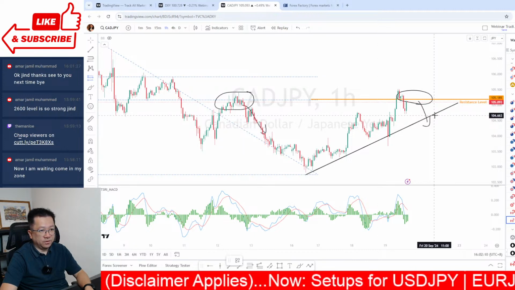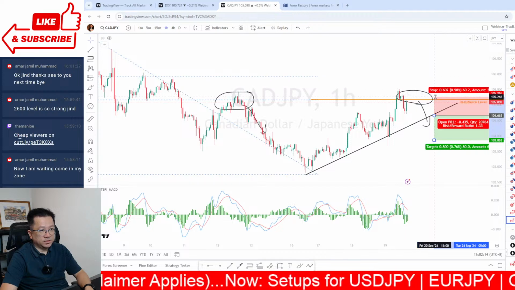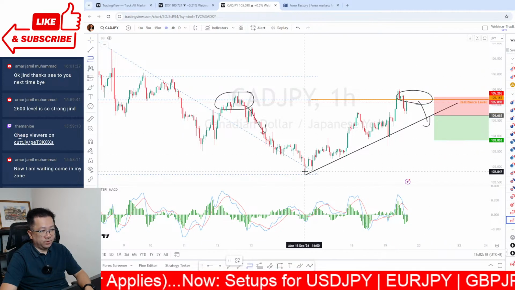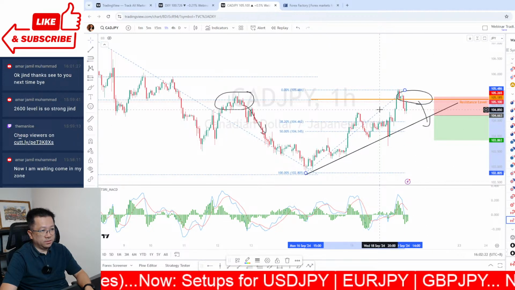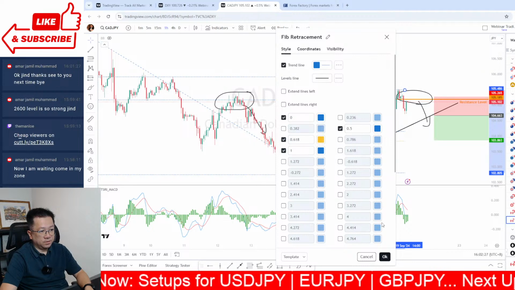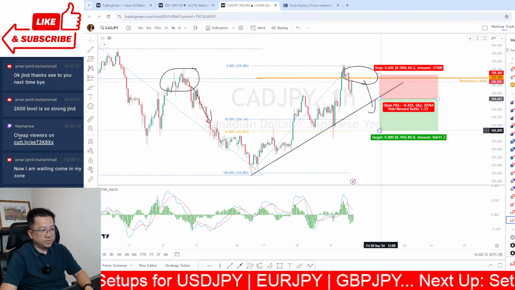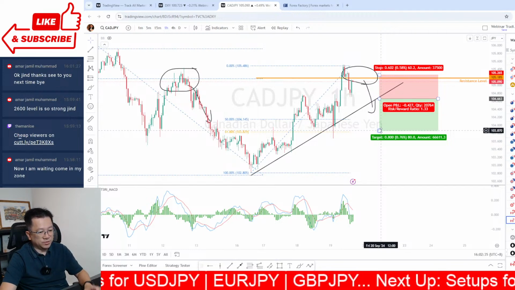So 104.65, stop loss would be about 60, take profit would be back down to this point here, which is about there.